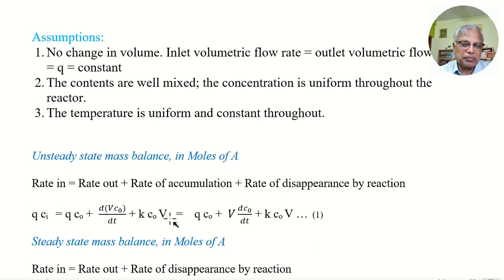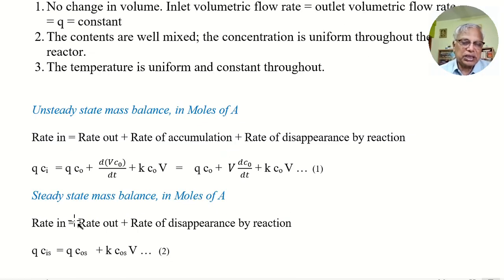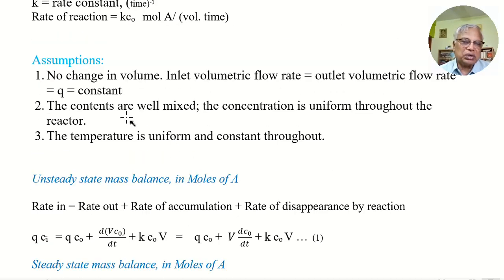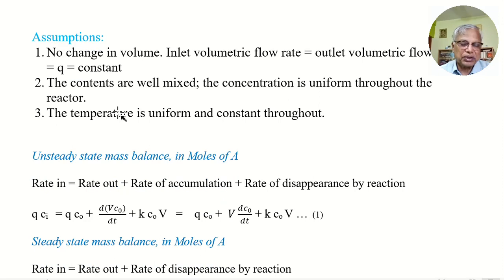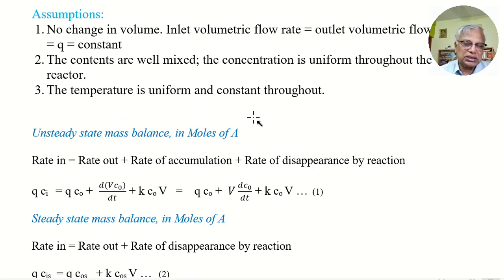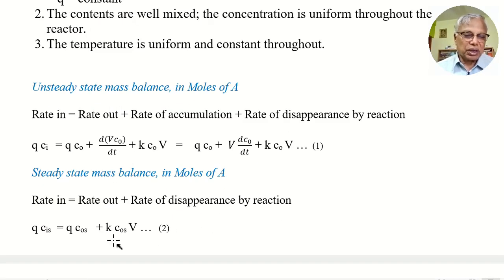Unsteady state means there is a change in Ci, and accordingly there will be a change in C naught. When the CSTR is operating at steady state, we write the same mass balance equation in terms of moles of A. Only, at steady state we denote the variables with a subscript S. Ci will be denoted by CiS, and the outlet concentration C naught by C naught S, and these are constants.